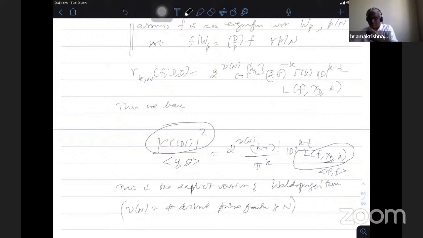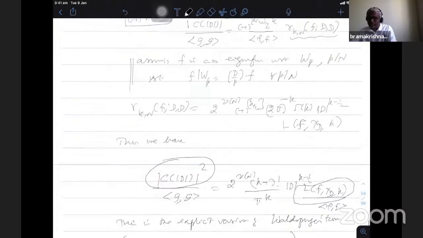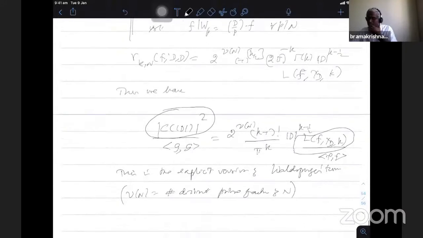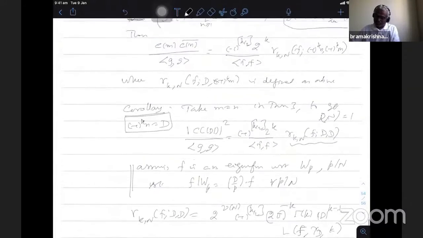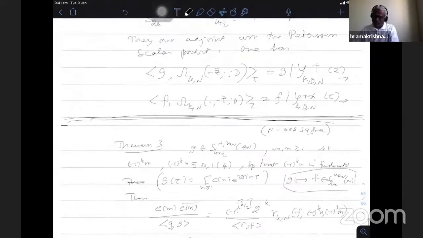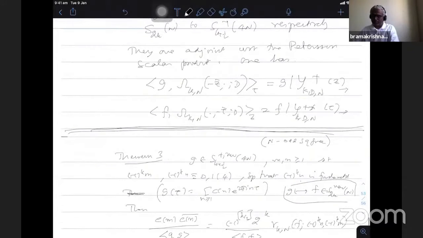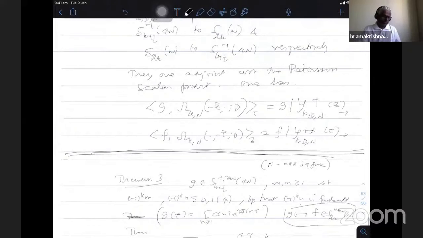So this constant is explicitly computed using this kind of construction. Okay, now it remains to prove theorem 2, 3 using theorem 1. I'll come to theorem 1 at the end.